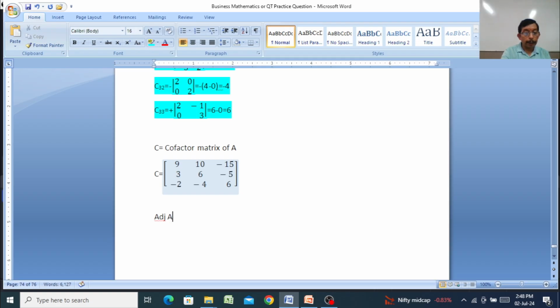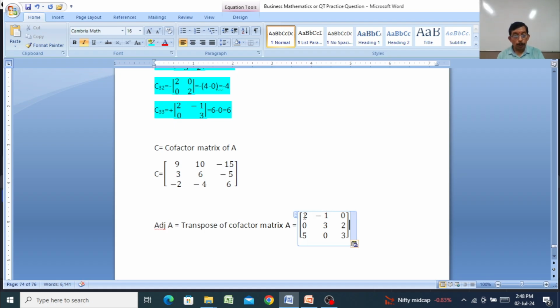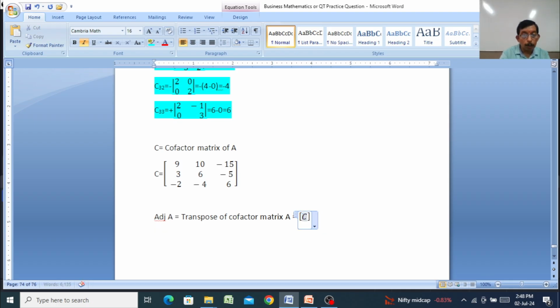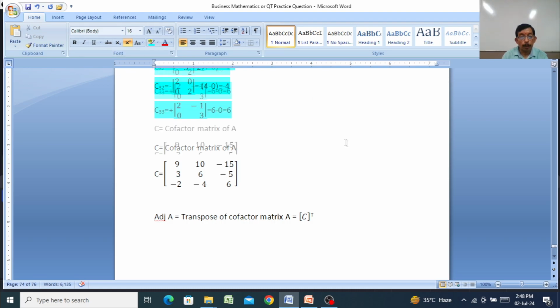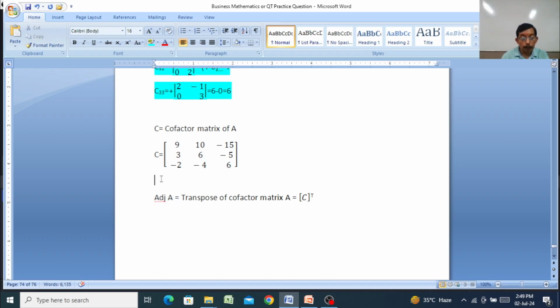Adjoint A is equal to the transpose of the cofactor matrix, that is, the transpose of the matrix C. Now we find the adjoint A in the next step.